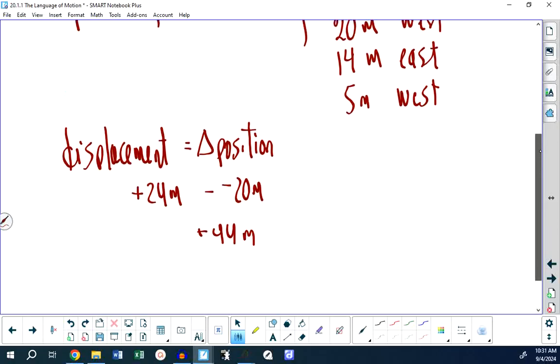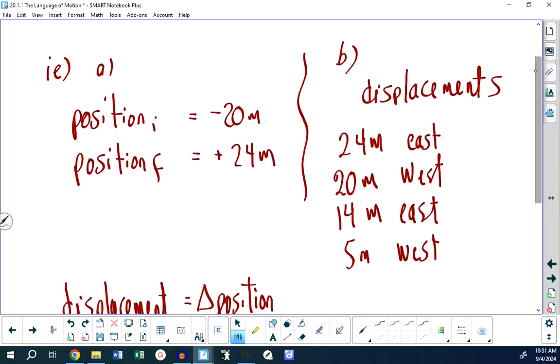Now, you could do the same kind of thing here. You would just have to come up with a reference point, but that makes it complicated. Instead, what you do is you say that, because on a map, east is to the right, and to the right is positive.